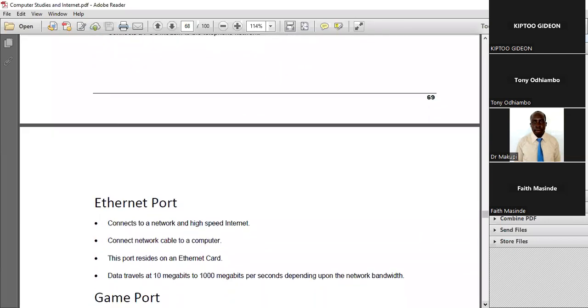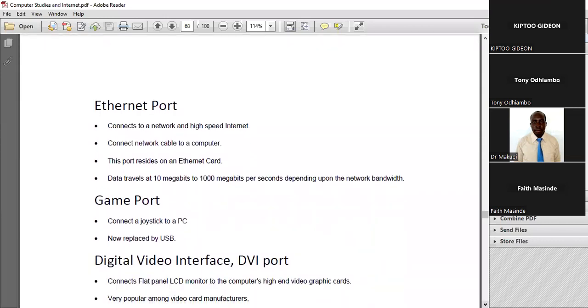There is also the modem port, which you know what a modem is, connecting you to a telephone network. There is also the Ethernet port, which we'll mention again when we come to internet and networking, where the Ethernet port connects to a computer network or high-speed internet connection. This port resides on the Ethernet card within your PC.